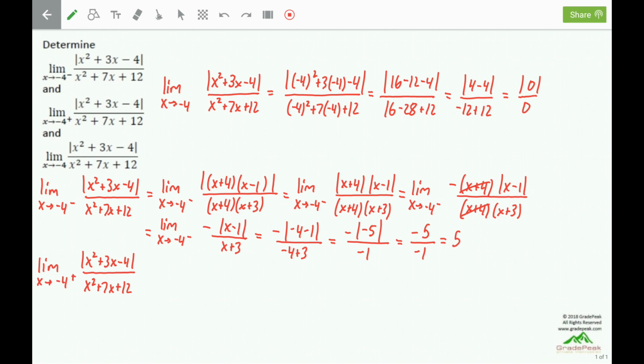Now let's work out the right-sided limit. The same thing with this one. We will want to factor the trinomial quadratic in the numerator and the denominator. In the numerator, it will factor to x plus 4 and x minus 1, just like in the left-sided limit. And the denominator will factor to x plus 4 and x plus 3.